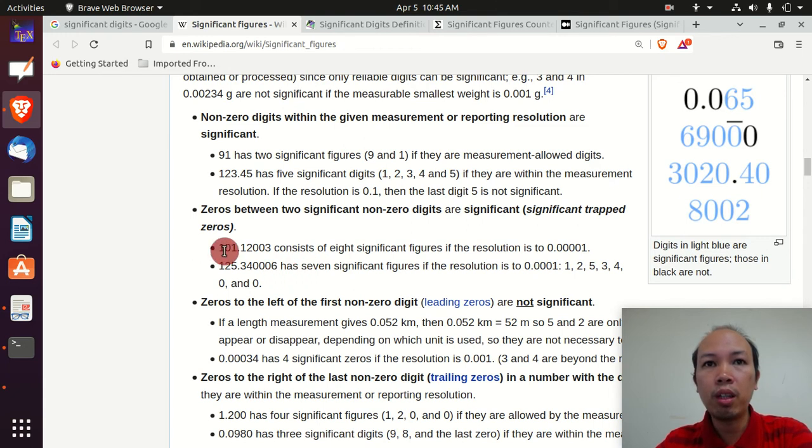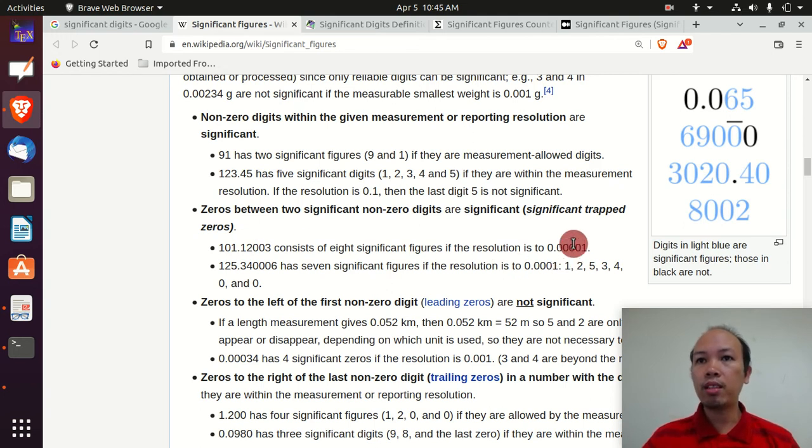So you consider how many places: tens, hundreds, thousands, 10,000, 100,000. If the resolution is less, like 0.001, you get more digits; if it is bigger, like 0.01, then the significant digits will be fewer.